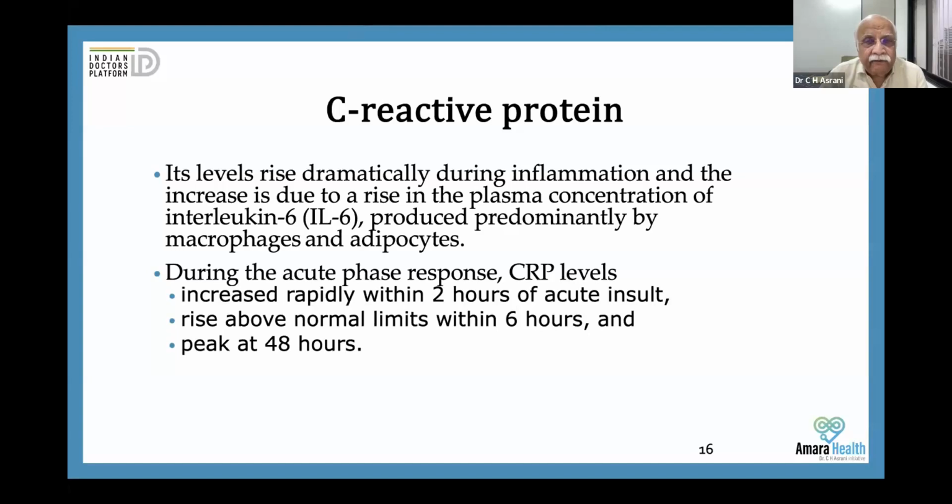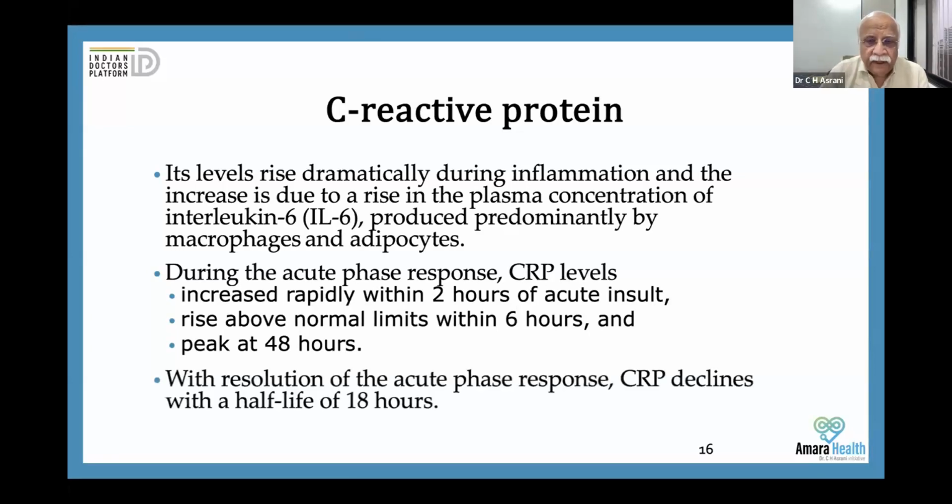So if you are doing it in the first 48 hours of a patient becoming symptomatic, then the first reading... if you find a third reading of CRP still above 100, it does not mean it is a very severe inflammation, because when the acute phase response resolves, the CRP declines with a half-life of 18 hours.